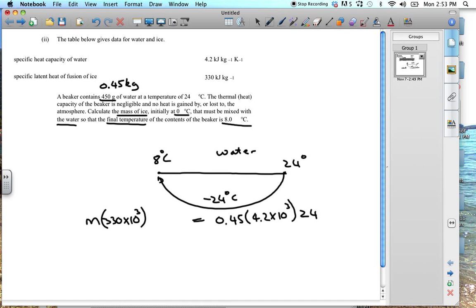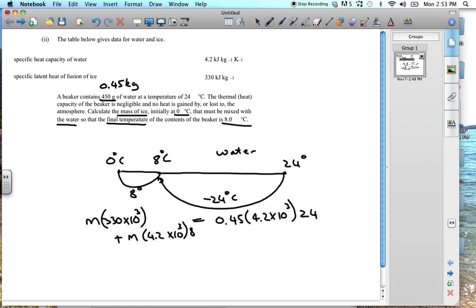That will be the melting of the ice, plus the mass times the specific heat capacity of water, which is 4.2 times 10 to the 3, times 8, because the ice is starting off at 0 degrees Celsius and it will go to 8. So that ice, which becomes water, will actually increase 8 degrees in that way.